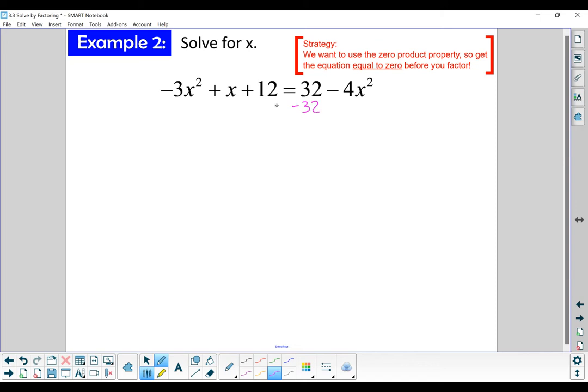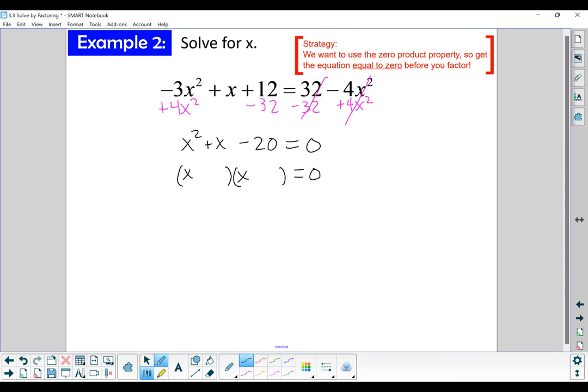So we're going to just move some terms around. I'm going to add the 4x squared to both sides, canceling that one out. Subtract 32, canceling that out. And don't lose that you have an equation. There is an equals 0 on the right now. So we have x squared plus x minus 20 is equal to 0. So now that we have that equals 0, now we're ready to factor.